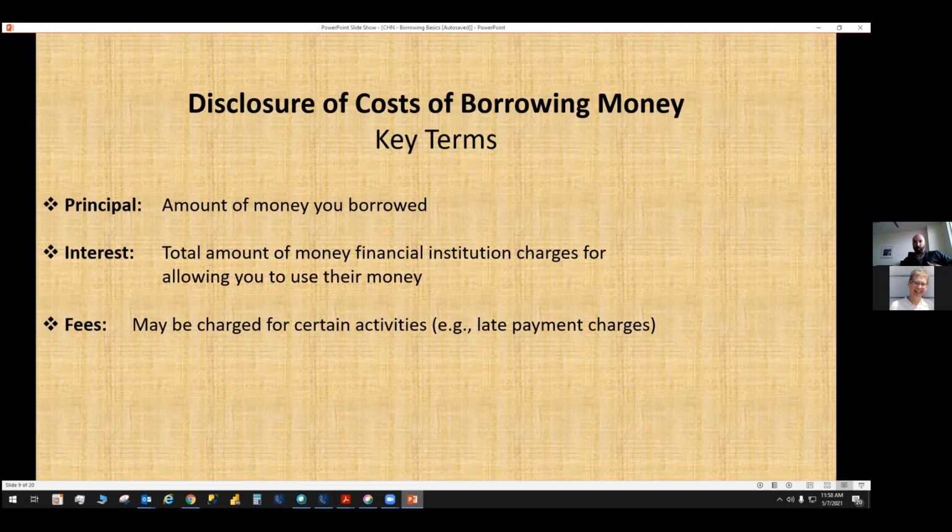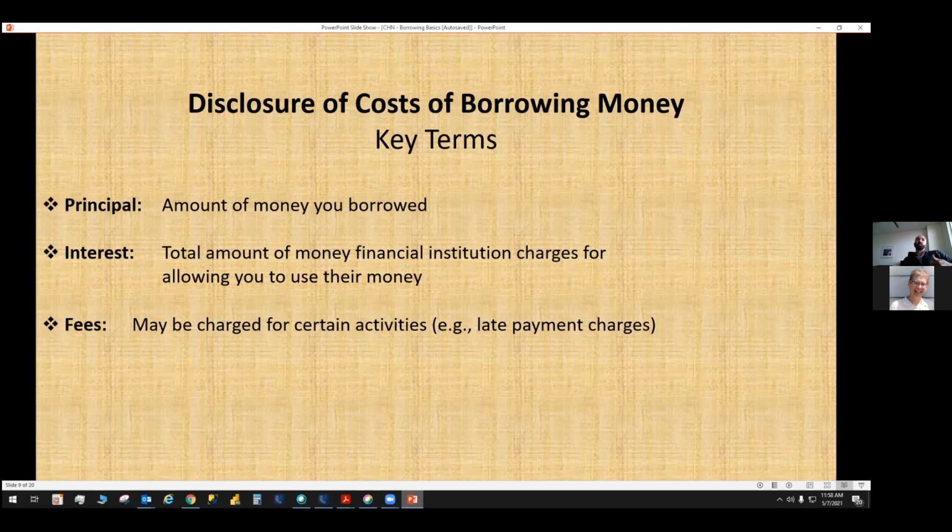For instance, if you were to purchase a home, there are closing costs and there are transactional fees, like one-time fees when we're booking that loan that are paid by you, the borrower, up front.